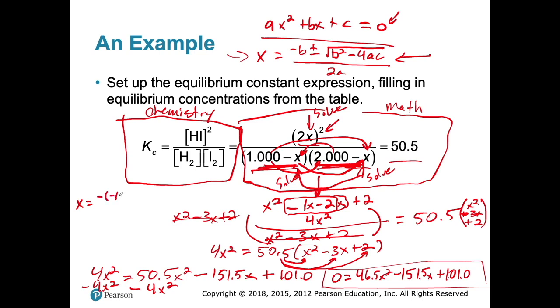Minus 1, negative 155.5, okay? Don't forget the plus or minus part.